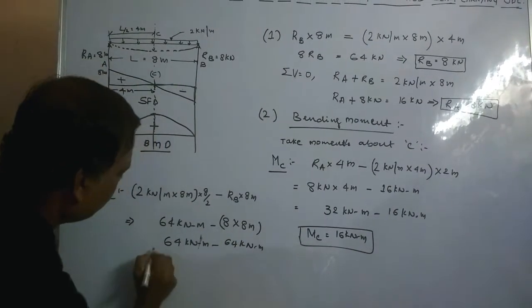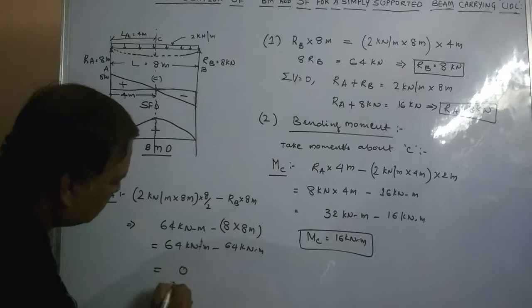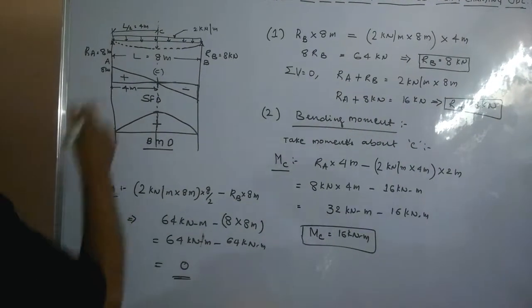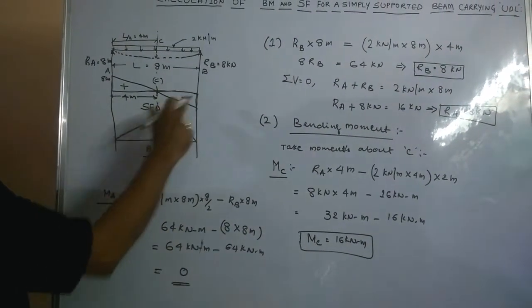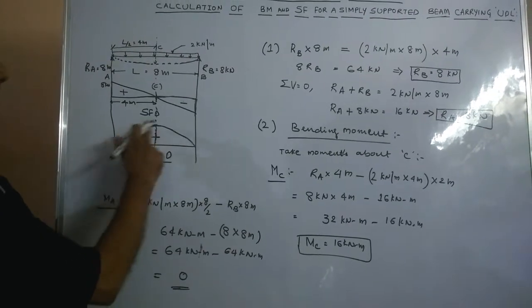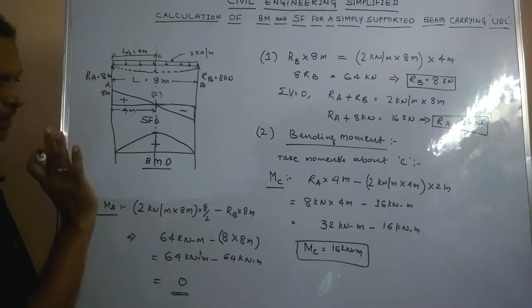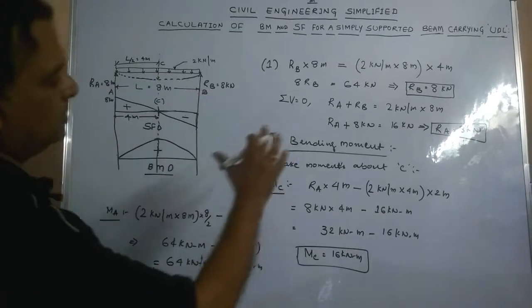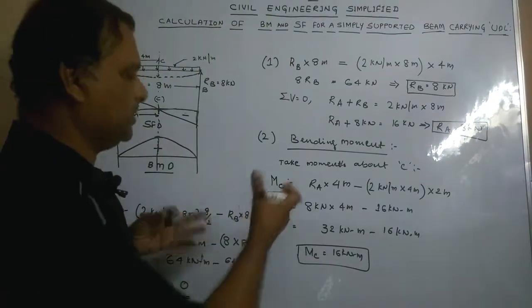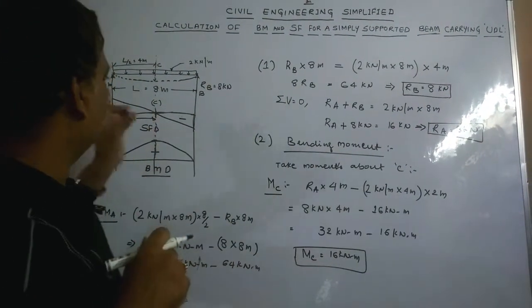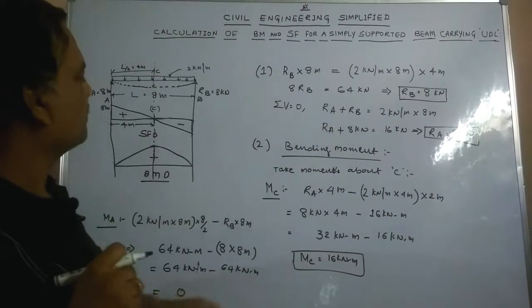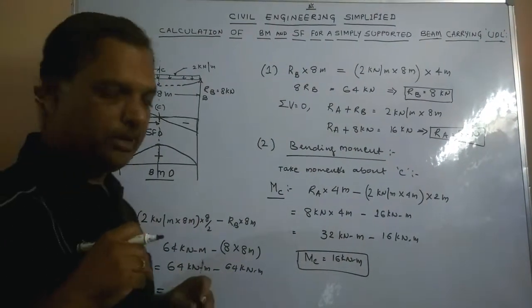So the net moment is 0. So that is why in a simply supported beam, the extreme ends do not have any moment and the value will be 0. So this is a simple way of illustrating and calculating the bending moment and shear force of a simply supported beam carrying UDL.